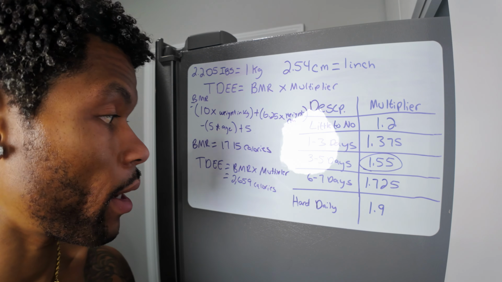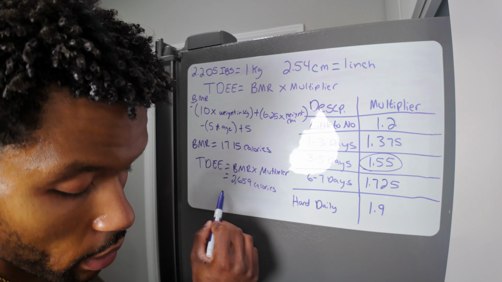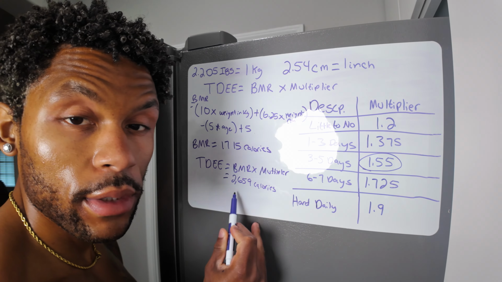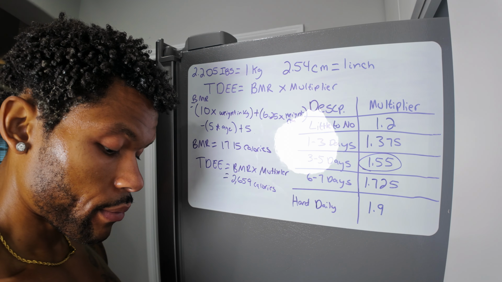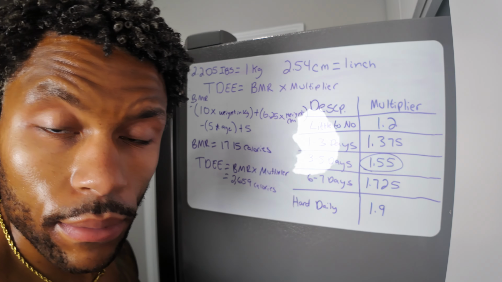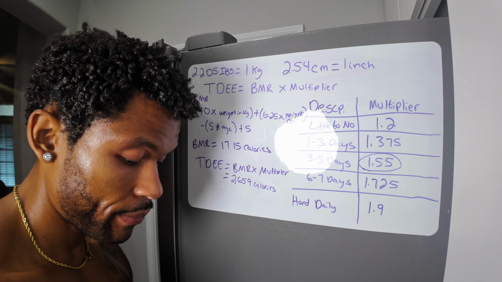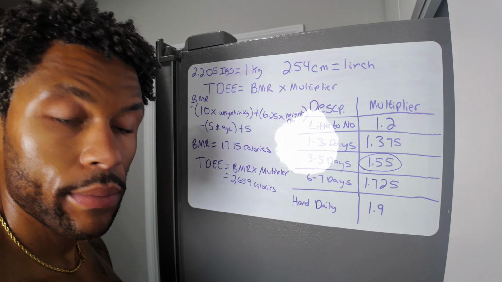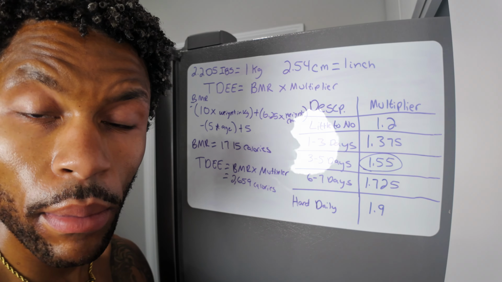Okay? So if your goal is to gain muscle mass, you need to include between a 5 to 20% increase to this value. If your goal is to lose weight, then you need to take away 10 to 25% of this value. So I am more interested in gaining lean muscle.